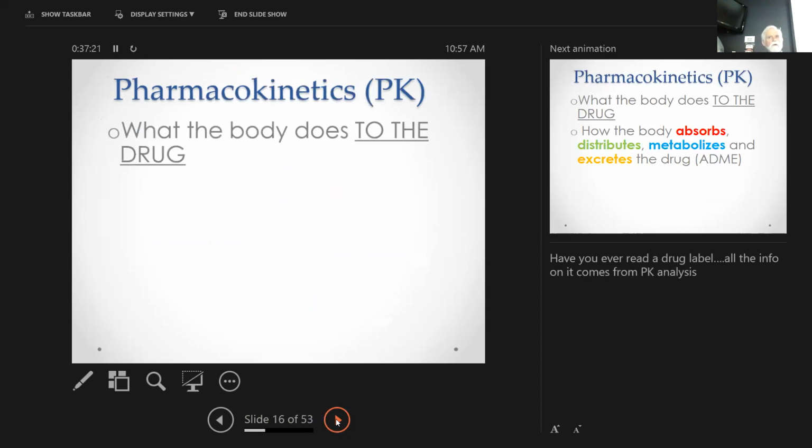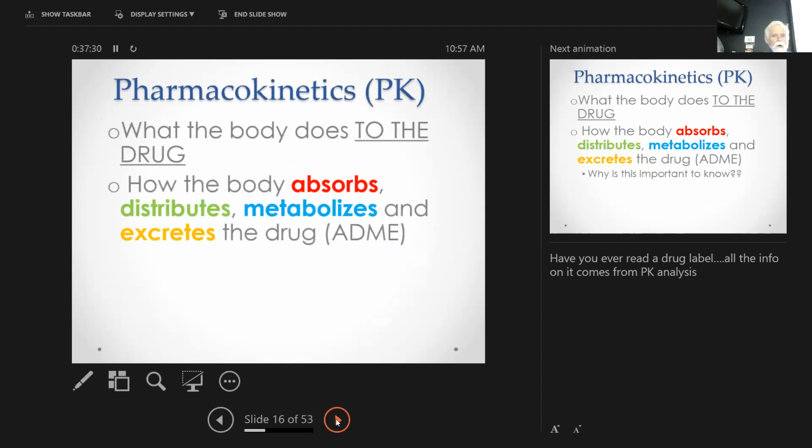Not the response of the body to the drug, but what the body does to change the drug, to make use of it. And so we look at absorption, distribution, metabolism, and excretion. We call this ADME because we're lazy. ADME's 2 syllables. So we call it that.